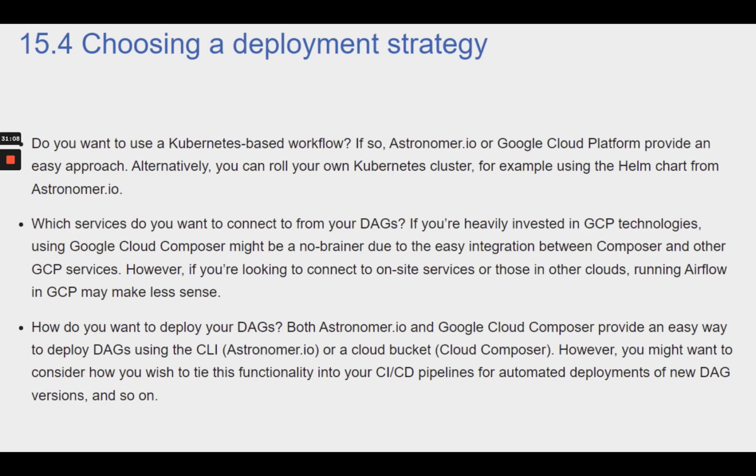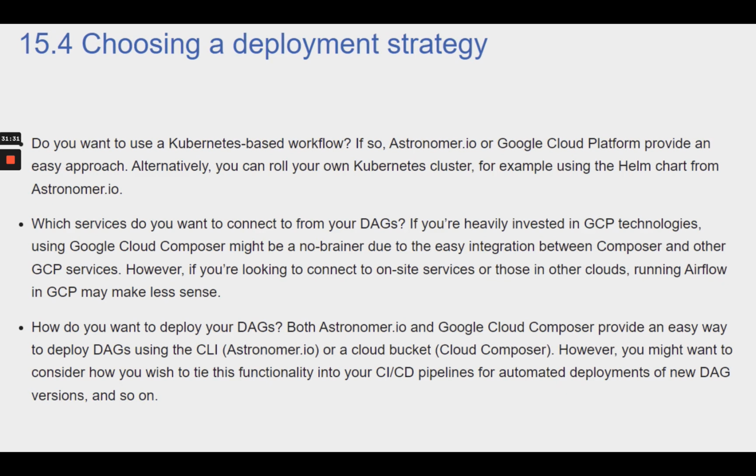Which services do you want to connect to from your DAGs? If you're heavily invested in GCP technologies, using Google Cloud Composer might be a no-brainer due to the easy integration between Composer and other GCP services. However, if you're looking to connect to on-site services, or those in other clouds, running Airflow in GCP may make less sense.